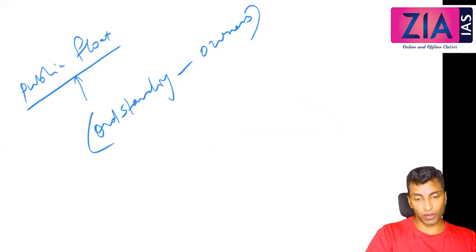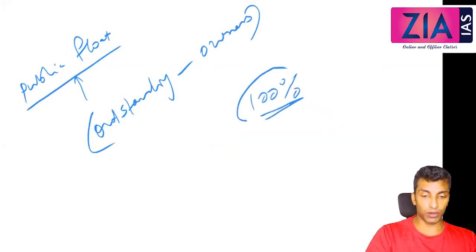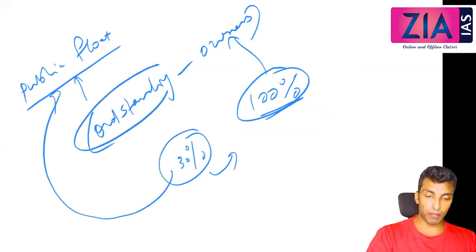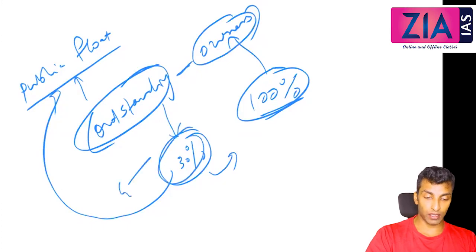The company won't get 100% from the public, no. They will have the owner's share, and let's say only 30 or 40% they will mobilize from the public. So when we talk about public float, it is the total share minus owners, whatever is given to the public, let's say 30% or 40%, like that.